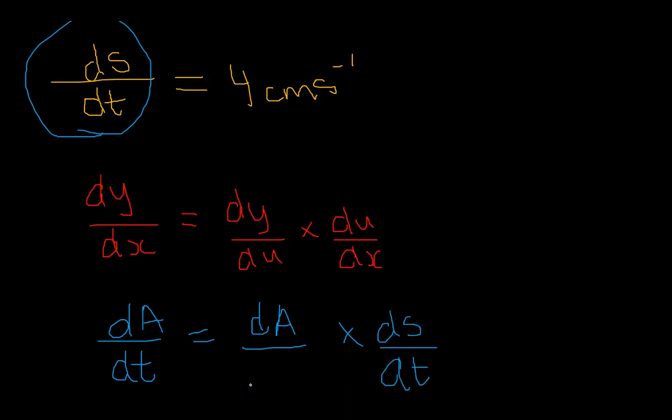And how would you know what to put down here? Well, go back to this rule. These two, in a sense, should cancel to give me the dy on dx. So what does that mean down here? This should be ds, so that these two would cancel, like I said, I'm using that loosely, to give me the dA on dt.